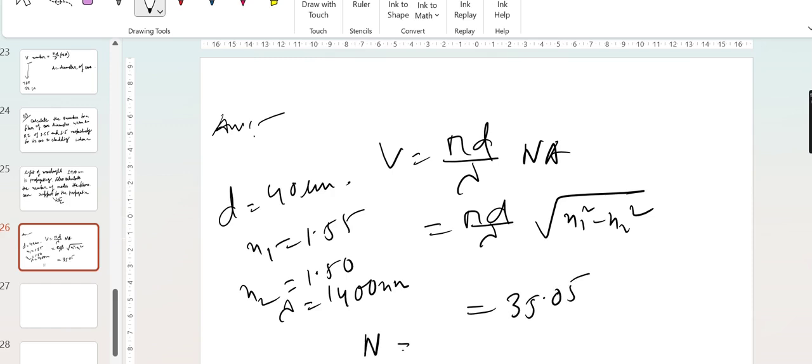So this is the V number, and the number of modes that we allow is V squared by 2, which is 612.5. These are almost the number of modes the fiber can support.